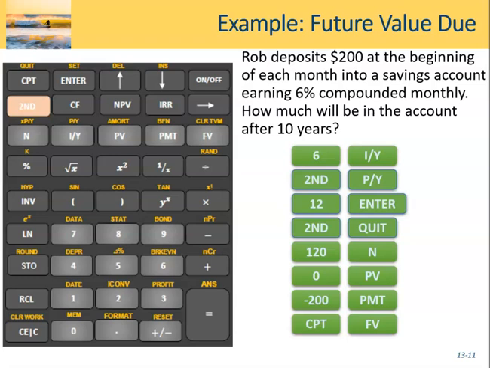We know N is 120, 120 N. We need 0, present value, 200. Remember, it's payments going out, so you want to hit your plus minus button to turn it into a negative. So on your screen, you've got minus 200, and you want PMT.